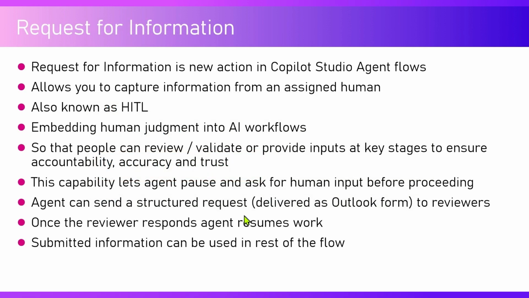Now, what is human in the loop? From a human in the loop perspective, we have one action named request for information. Request for information means you're seeking information from a human. You're basically intervening in an agentic process.